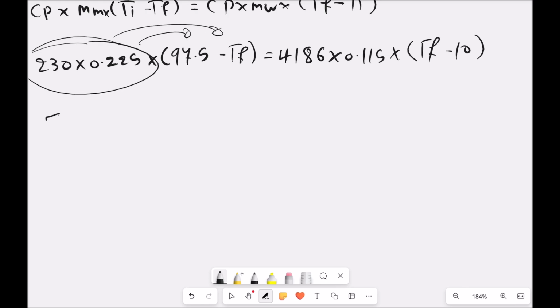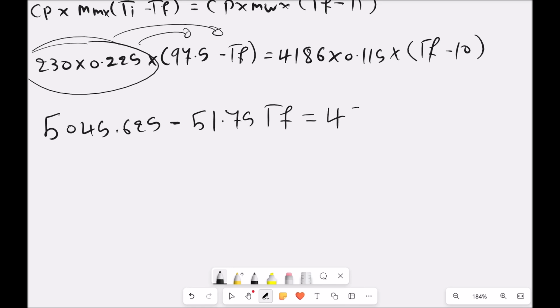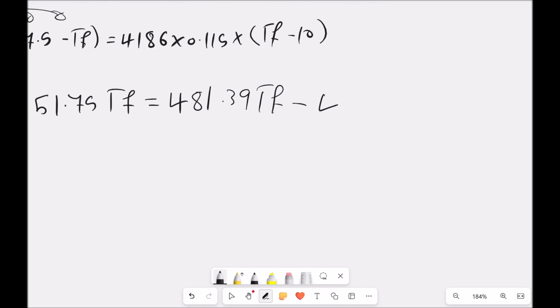So you get 50,045.625 minus 51.75 T final. The other side too, do the same thing. You should get 481.39 T final minus 4,813.9.